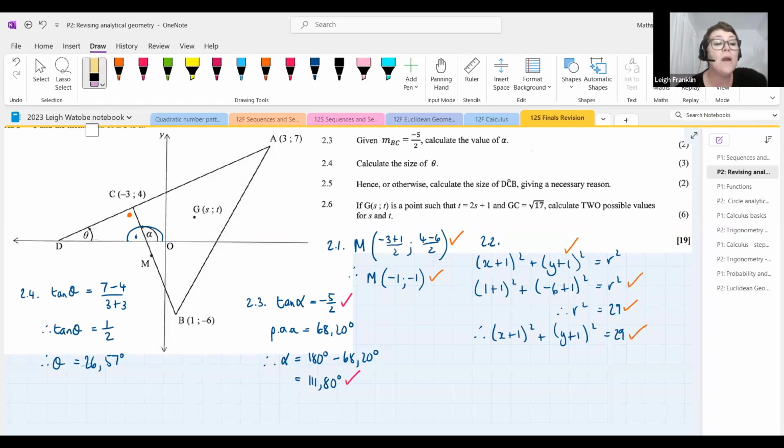There's one other way that you can do this question as well. The other way that you can do this particular question, guys, is to use the exterior angle of a triangle. So the x-axis is one of the sides of the triangle, and there are the other 2 sides. So angle alpha will be equal to the sum of theta and DCB.